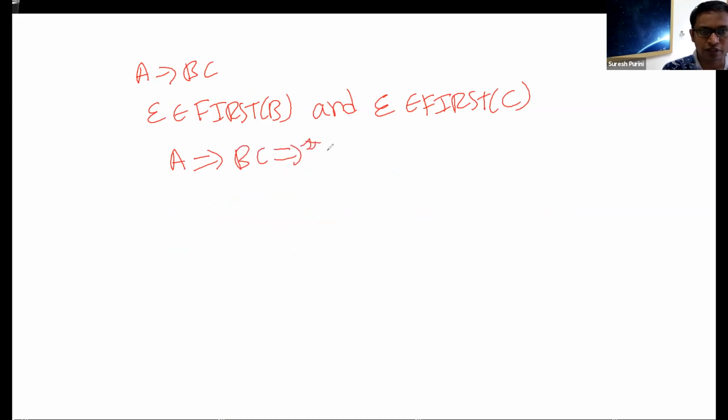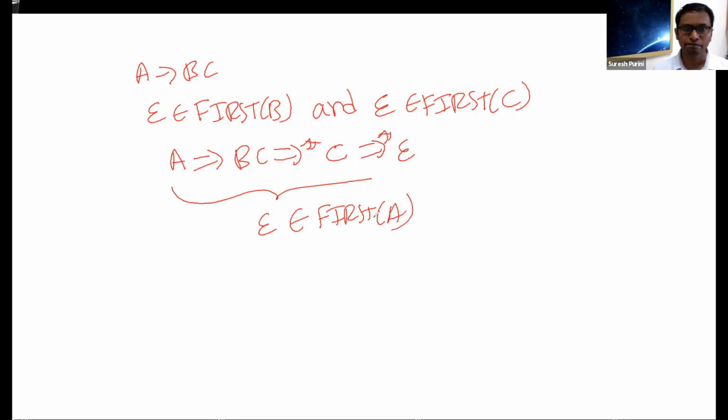In 0 or more steps, we can reduce the non-terminal symbol B to epsilon, and in 0 or more steps, we can reduce the non-terminal symbol C to epsilon. So overall, this implies that epsilon belongs to first of A. So that's all. This is the basic idea behind the computation of the first sets.